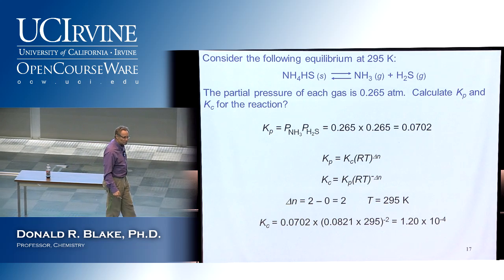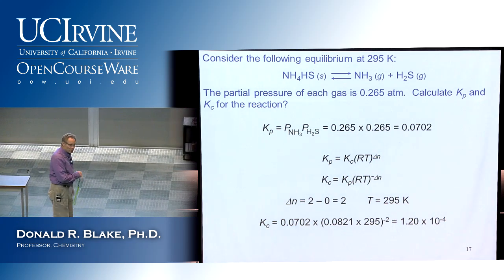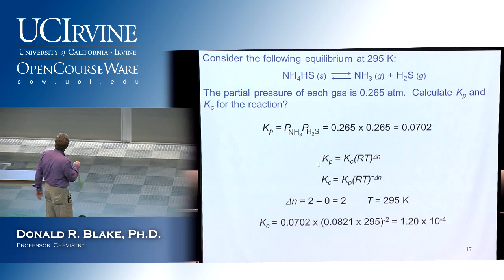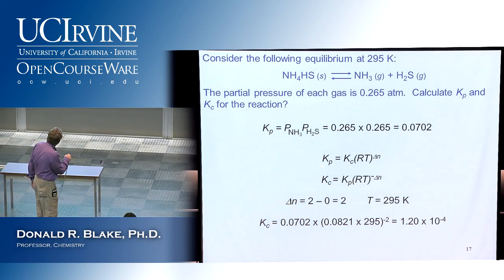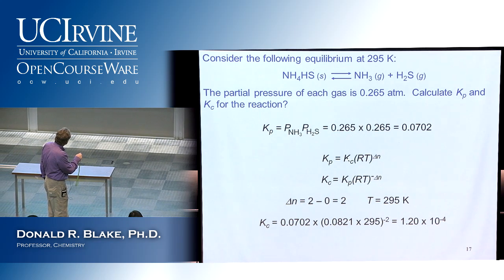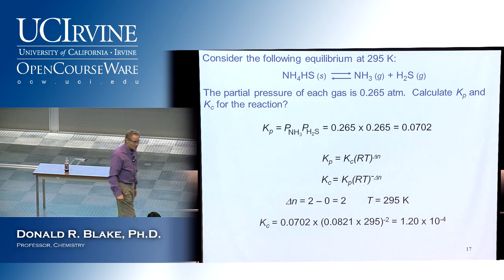Yes? Where'd you get negative delta N? Oh, okay, because look, I've switched this. So once again, folks, K sub P is equal to K sub C RT delta N. Okay?